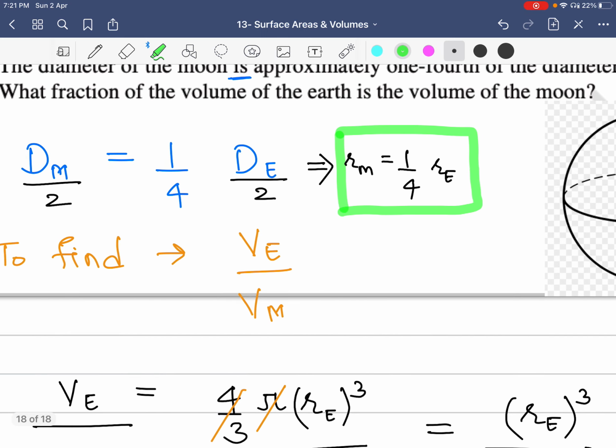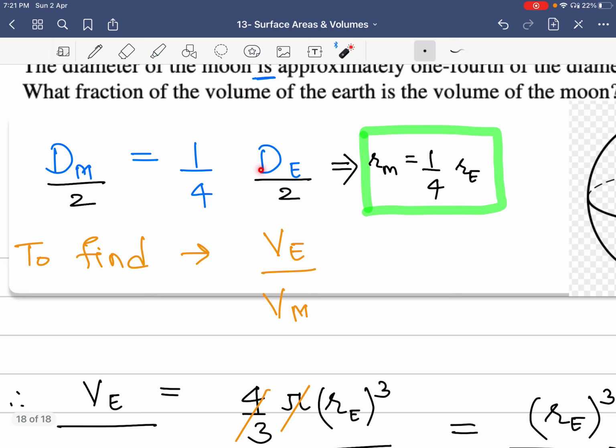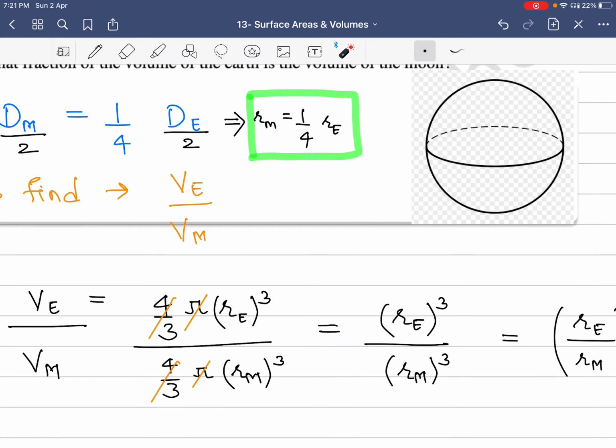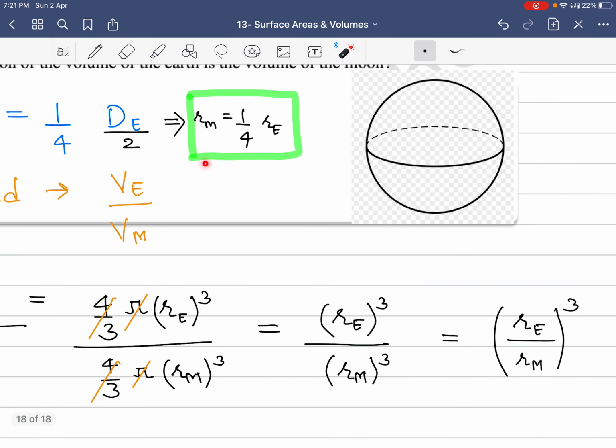Also, logically, if the diameter of moon is 1/4 the diameter of earth, then the radius of the moon will also be 1/4 the radius of the earth. It won't have any other different relationship. Now let's zoom out. This relationship we are going to substitute here.